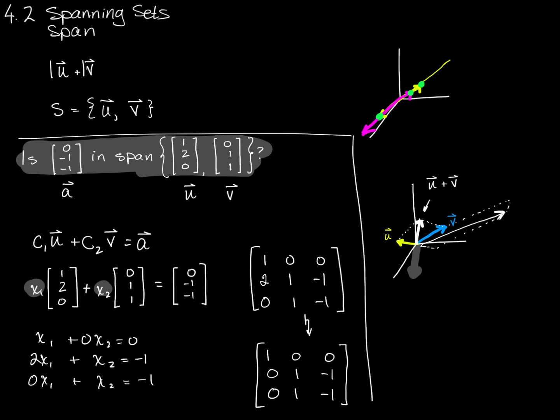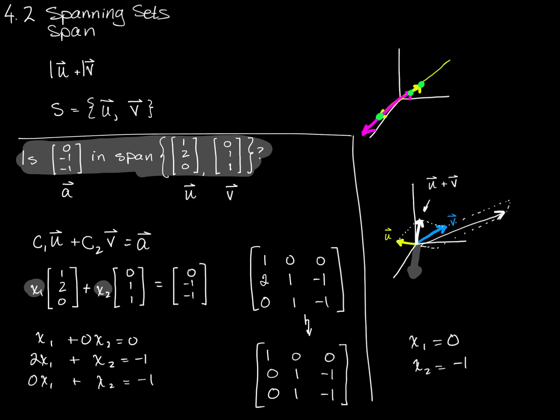But in fact, I only have 2 variables. So what this first row tells me is that x1 plus 0x2 is equal to 0, so x1 is equal to 0. What the second and third rows tell me is that 0x1 plus 1x2 equals -1. So x2 equals -1.